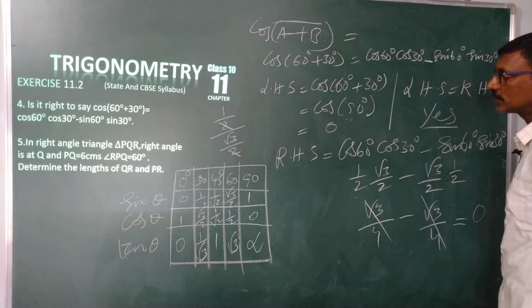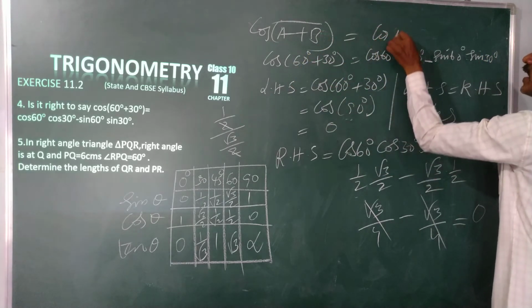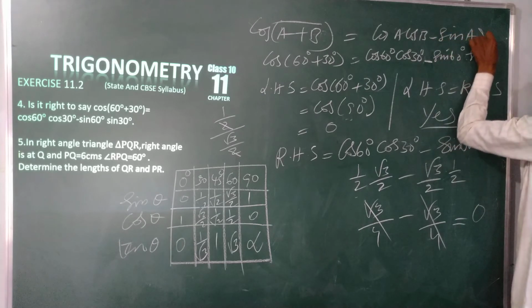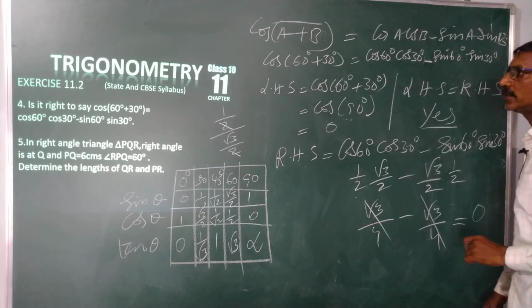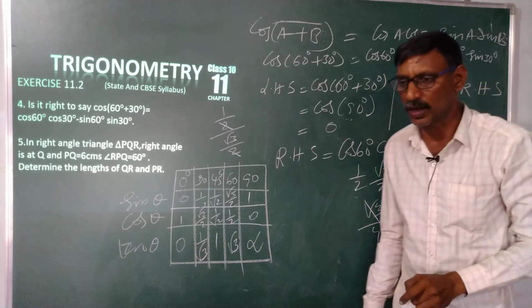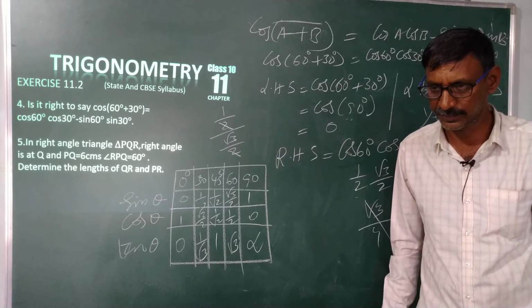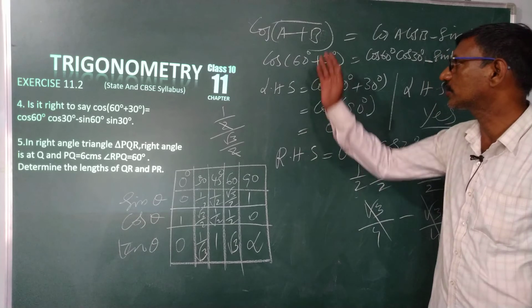This is my A and this is my B. We can write cos A cos B minus sin A sin B. This is a very important formula. It is used in 10 plus 1 and 10 plus 2, I mean intermediate. Am I clear? In polytechnic also we can use these compound angles.